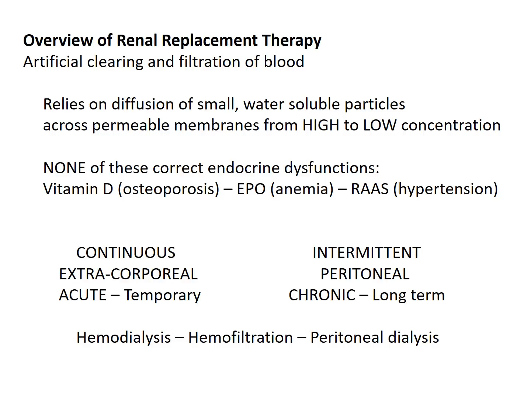Dialysis does not correct the hormonal disorders of hypertension, vitamin D, erythropoietin, the renin, aldosterone, angiotensin system, right? That's all medically managed. Hemodialysis and venous filtration and all the other things that are done are about water-soluble components. People can be on continuous versus intermittent.